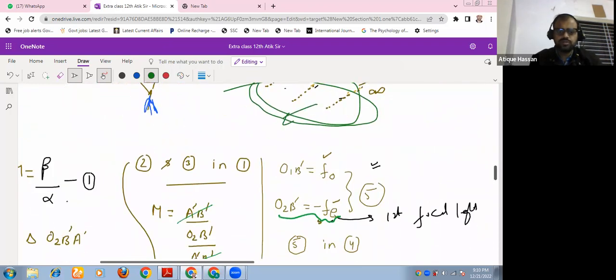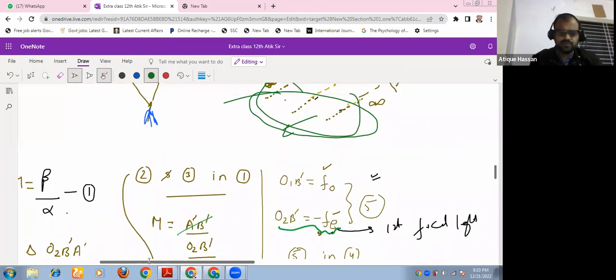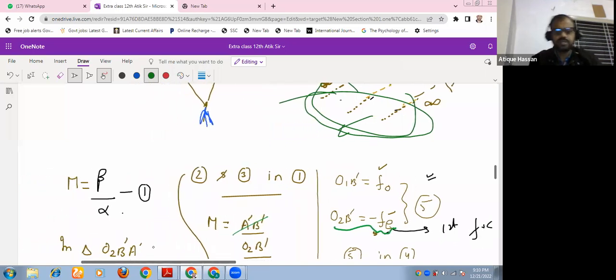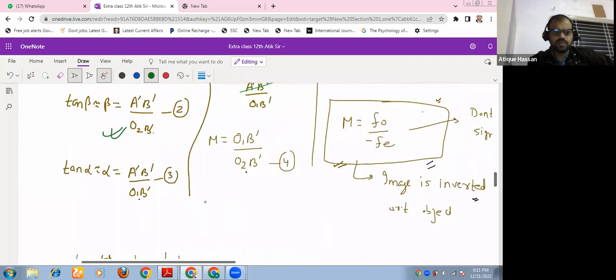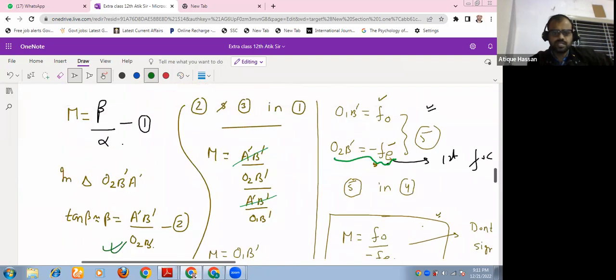So now what we have to do, again we have to apply the same formula. We have to get the magnifying power. For that we have to take the ratio of beta and alpha, and in the same way we can define beta as A dash B dash by O2 B dash, same as the previous case, and we can define also alpha, same as the previous case. So you will get the ratio.